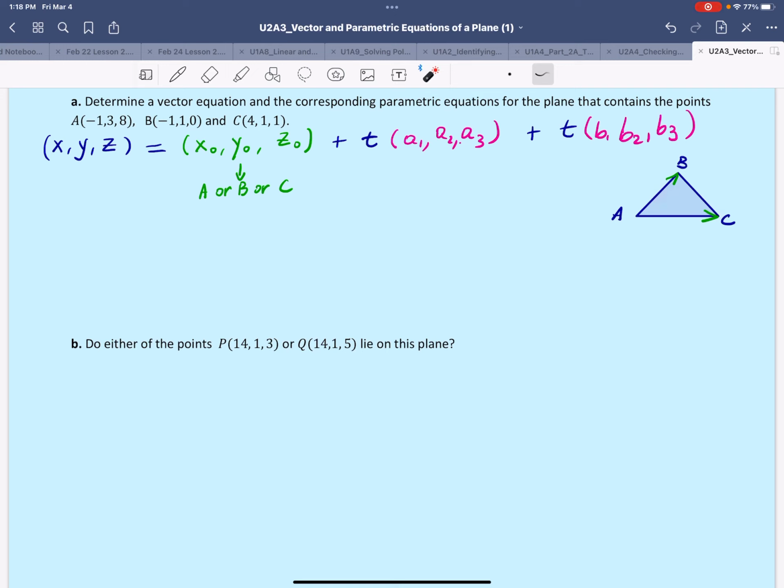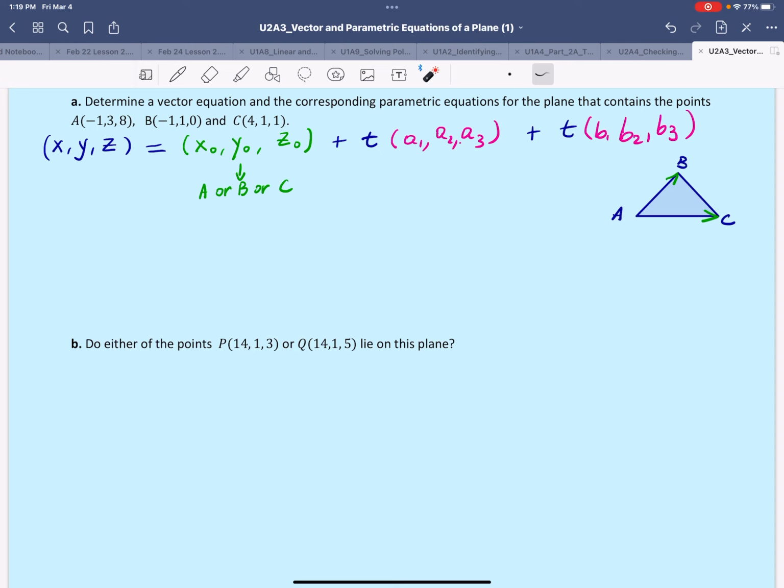We can choose CA and CB. It doesn't really matter. And we don't really need to have them start from the same point. So it can be AC and then it can be BA, the other vector. I hope that gives a clear idea of how we're going to figure out our vectors. We need two of them.